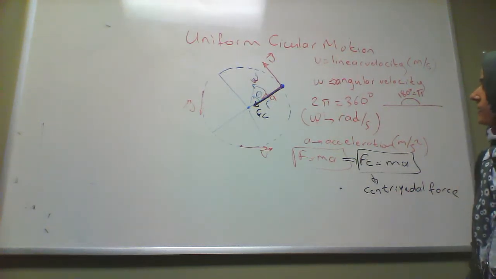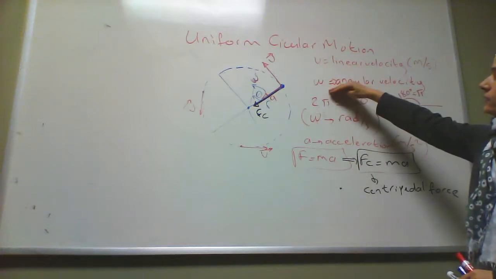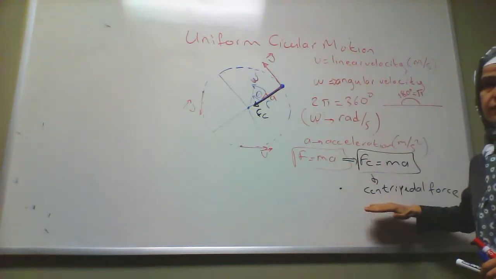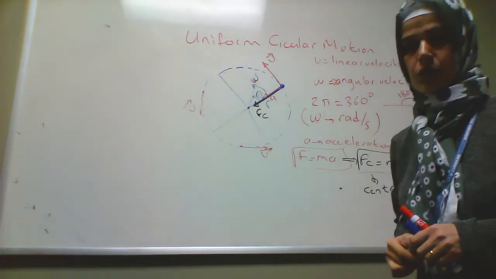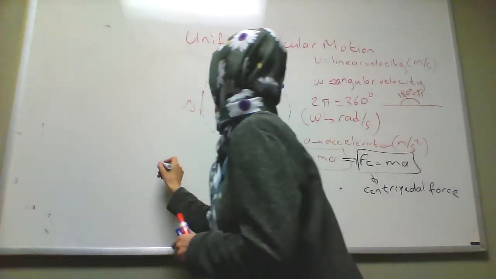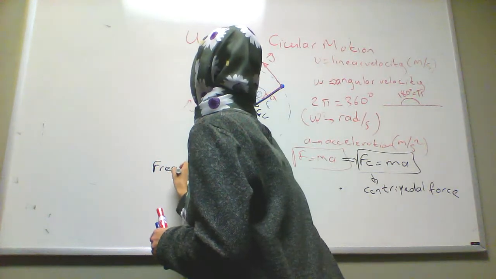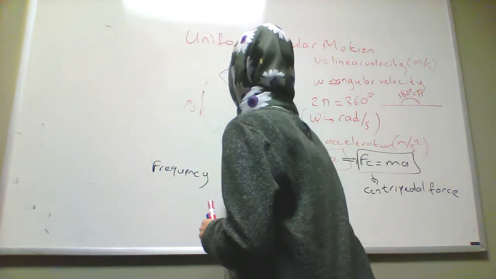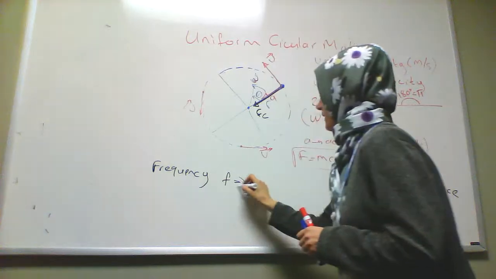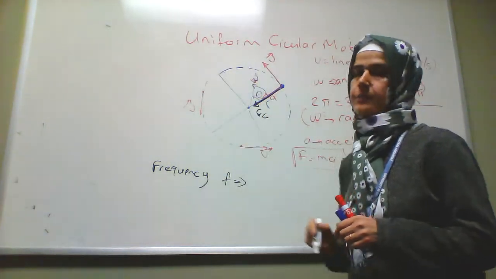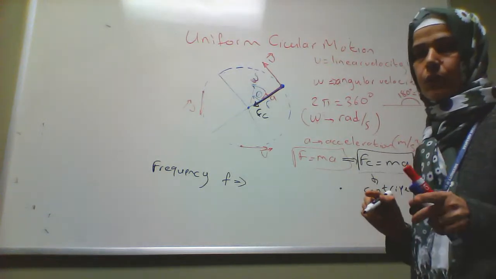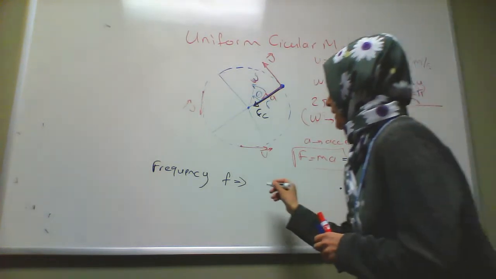Now, what else do we have? We have linear velocity, angular velocity, acceleration, and centripetal force. We also have frequency and period in this motion that we have to define. Frequency, we'll use the symbol f to show it, is the number of rotations per unit time. Again, the frequency is the number of rotations per unit time.